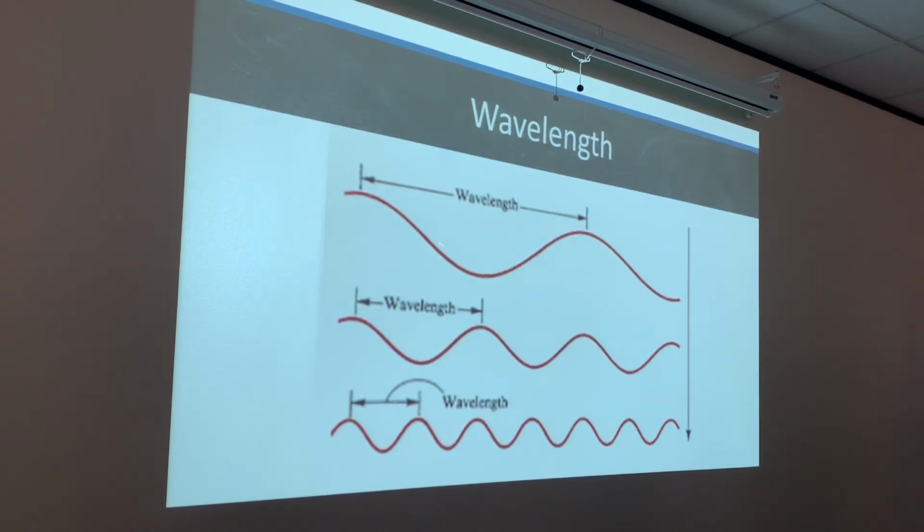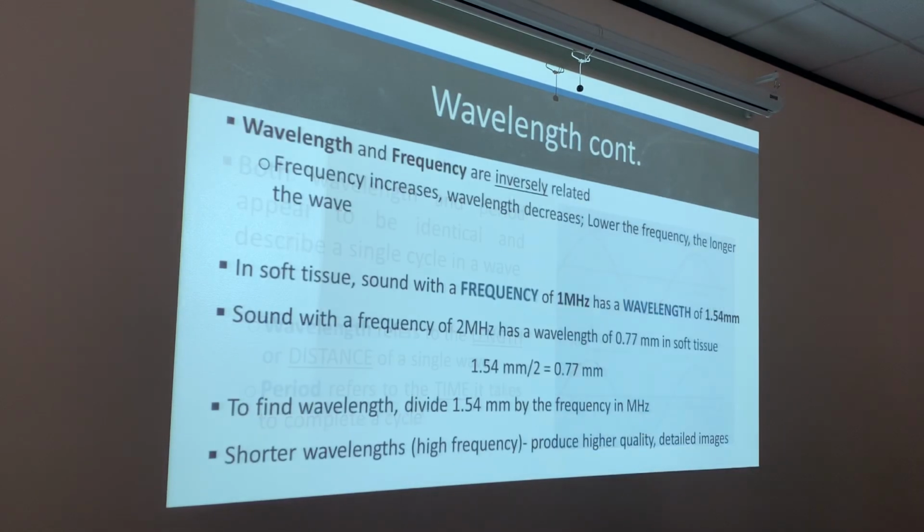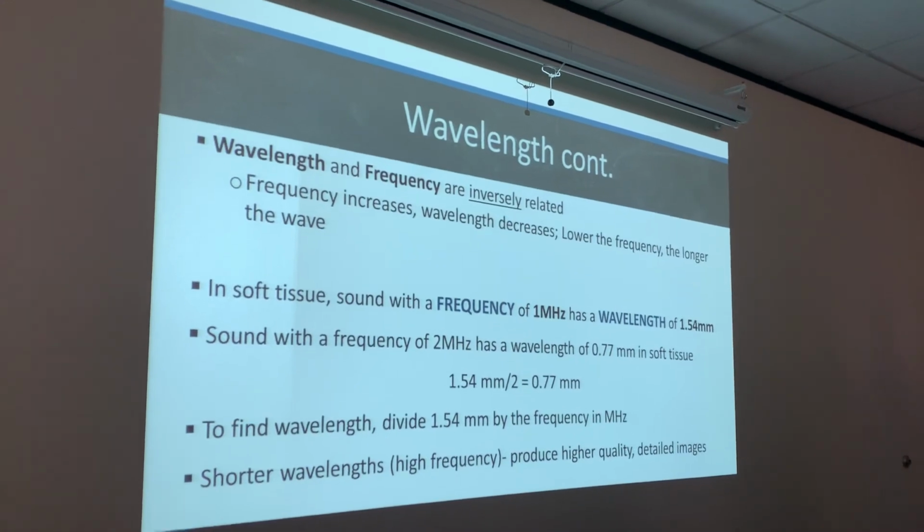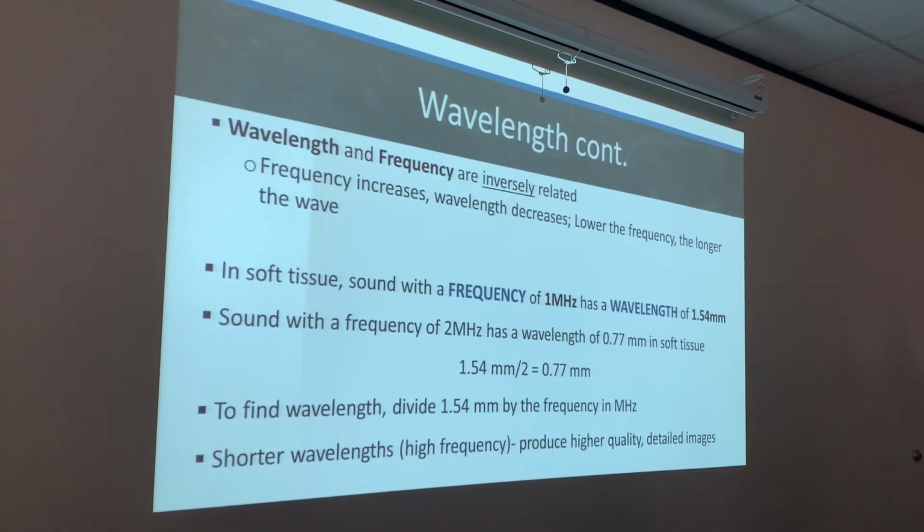We only have basically one cycle from up here, compared to 1, 2, 3, 4, 5, 6, 7. But in diagnostic ultrasound, remember, we're battling between frequency and image quality, right? Because the higher the frequency, the better the image quality, the better the detail of an image is going to be.